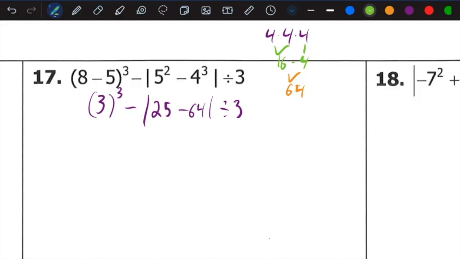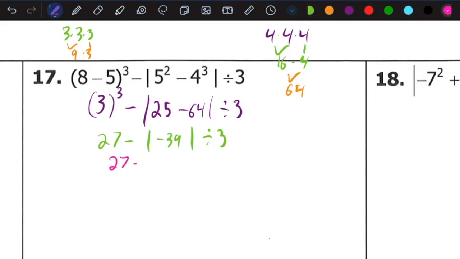Now on the next step, 3 to the third power is 3 times 3 times 3. So 3 times 3 times 3 gives us 9 times 3, which is 27. So I get 27 here, minus the absolute value of whatever 25 minus 64 is, and that's negative 39, divided by 3.